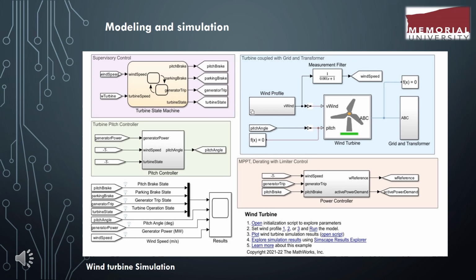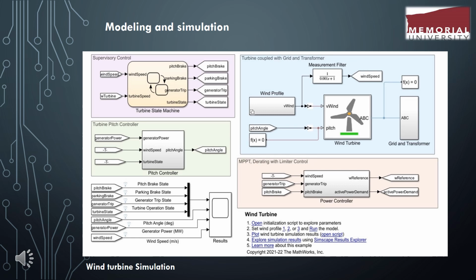This is the simulation of the wind turbine. We have a supervisory controller, which is the turbine state machine, and its inputs are wind speed and turbine speed. The speed of the turbine is really important for supervisory control, and it determines the state of the turbine, the trip of the generator, the parking brake, and the brake of the pitch also.